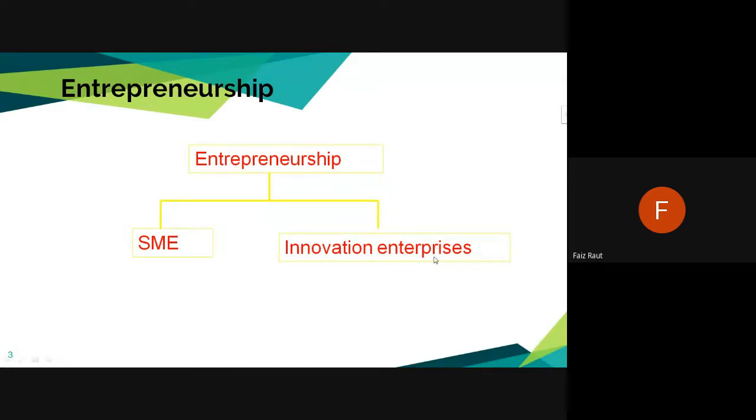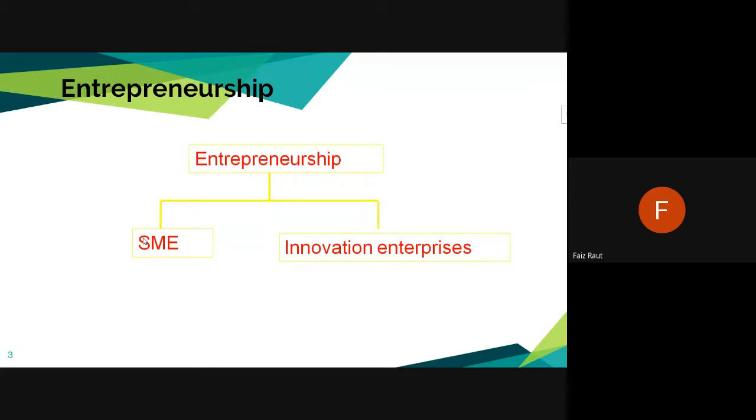the innovation enterprises. SMEs are generally small and medium businesses, generally catering to the local requirements of the region, of the colony, of the city, at most to the state or the district, not to the country. They are small and medium enterprises catering to the local environment.